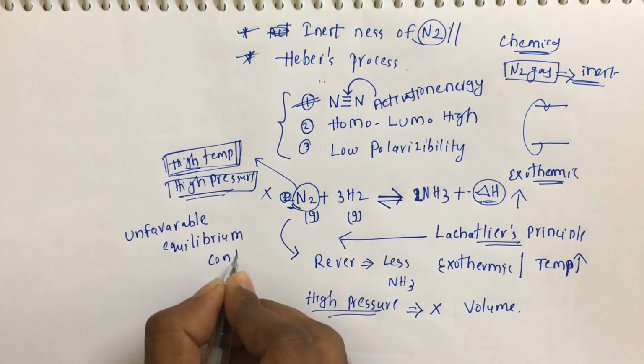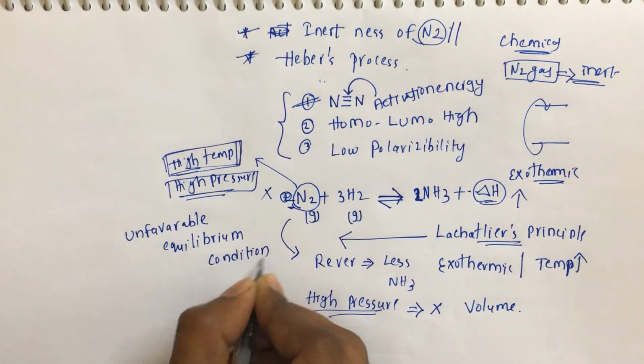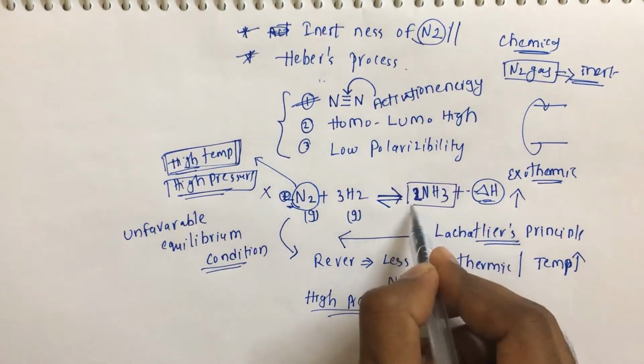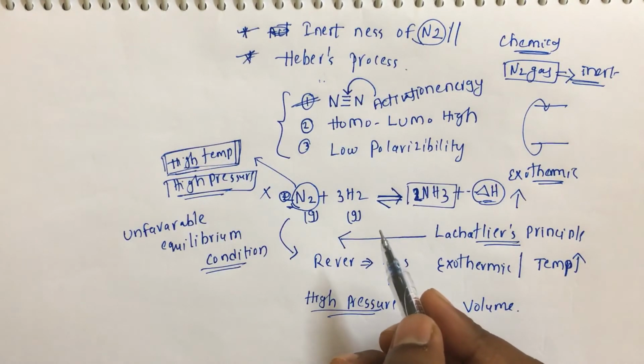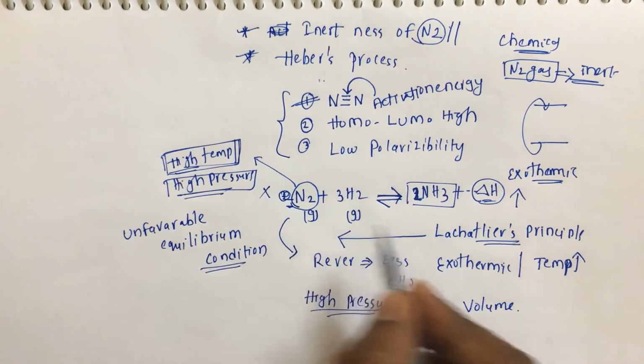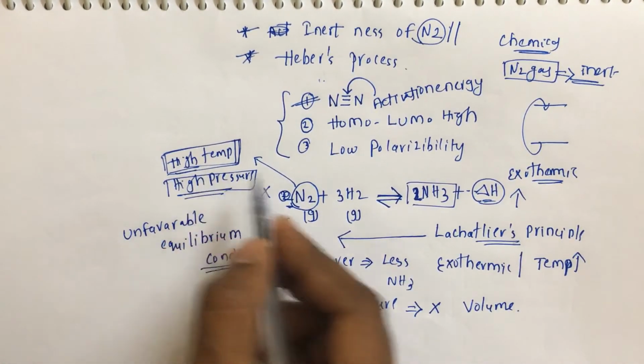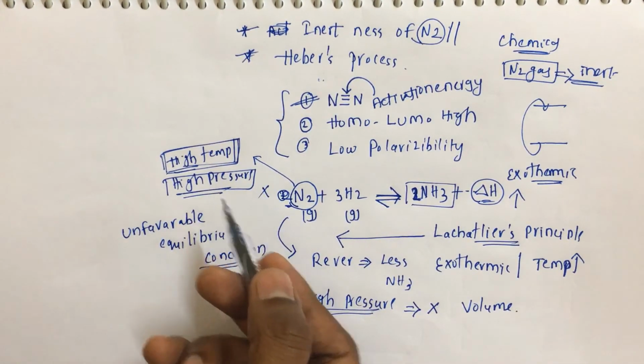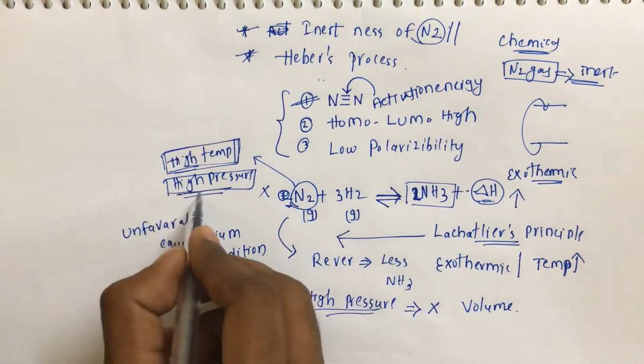So what is the meaning of unfavorable equilibrium condition? We know it's already a reversible reaction, and according to Le Chatelier's principle, if we use high temperatures, the equilibrium is moving towards your left hand side. But this can be overcome by using high pressure.